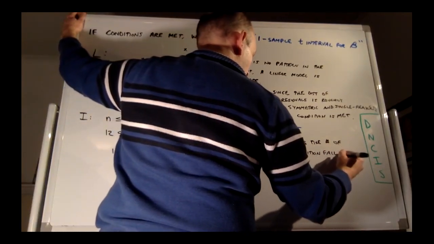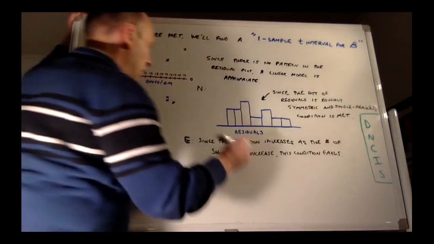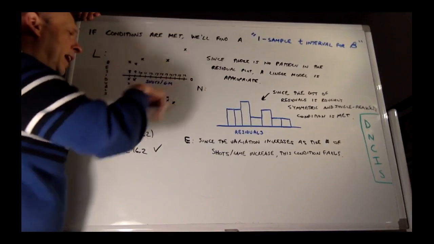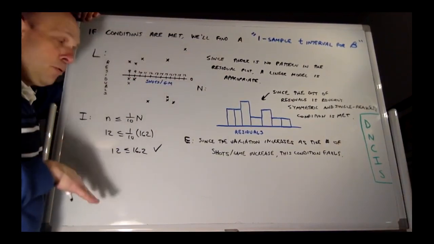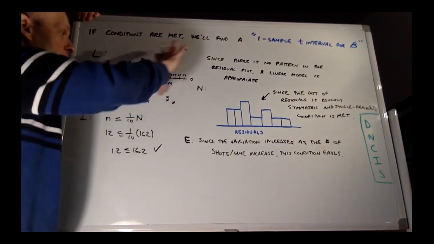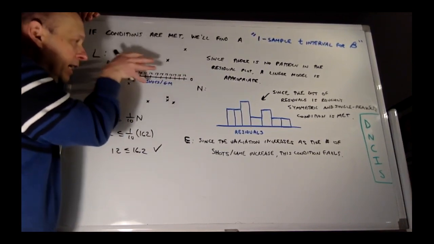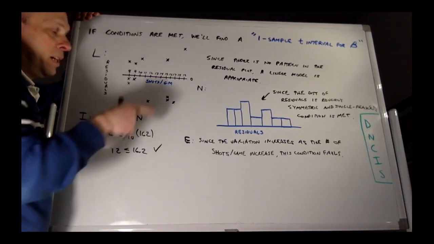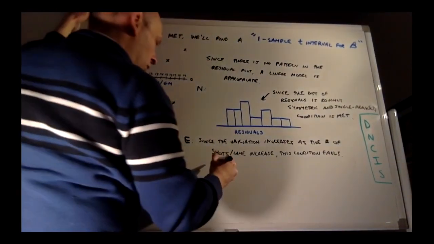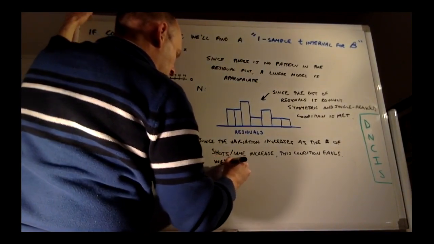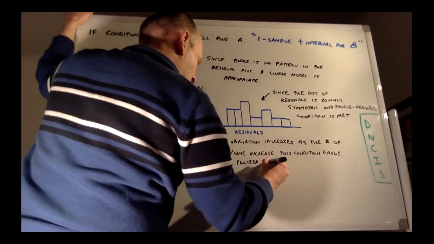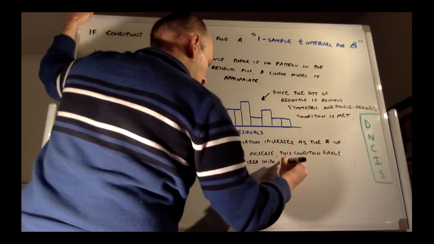And remember, when we're looking at this condition, we're not looking for perfect equivalent variance across the board, but roughly. And here, I'm not so sure we have that. I don't think we can say we even have roughly equal variance. It looks like the variance increases as the number of shots increases. So since I'm going with a condition failing here, we add the weasel words, we'll proceed with caution, because I'm not 100% sure this condition is actually met.